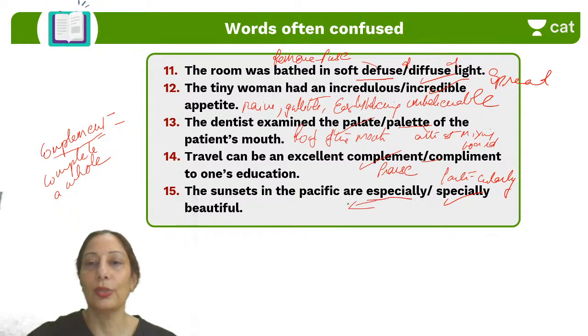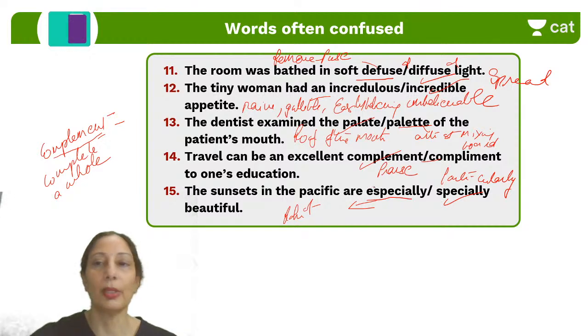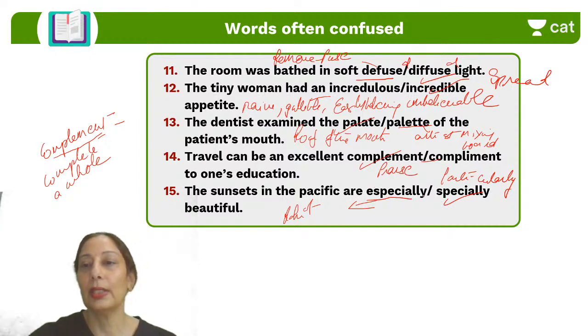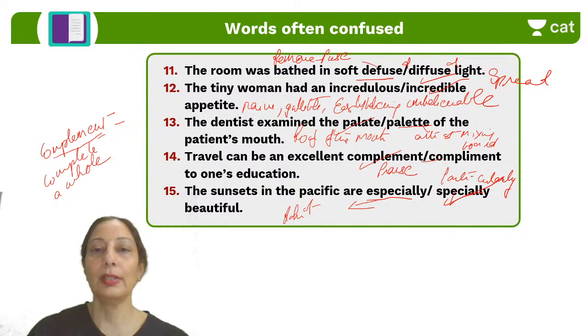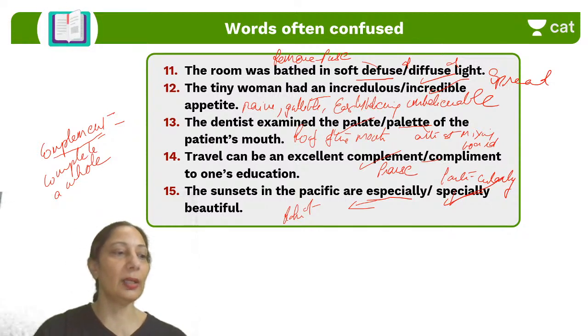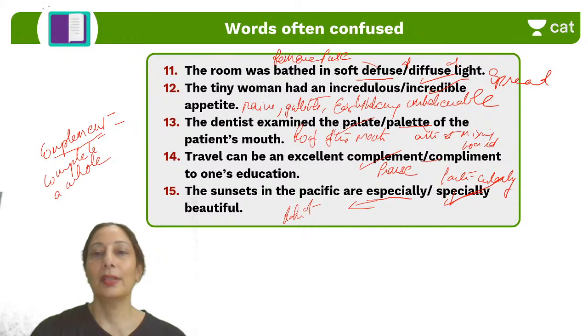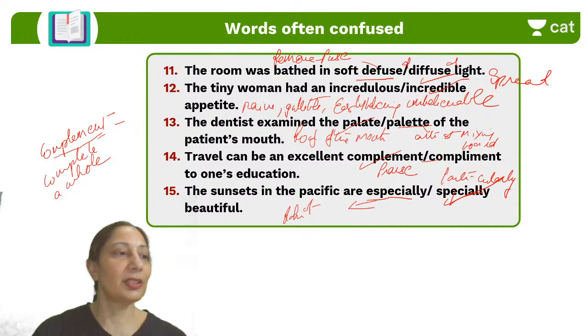Especially is differently used. You say, I have told the class not to be naughty, especially Rohit. Especially Rohit was told. That means above others. Here the answer is specially beautiful, particularly beautiful. No, it does not mean the same, Kajal. The usage of both the words is different, guys.